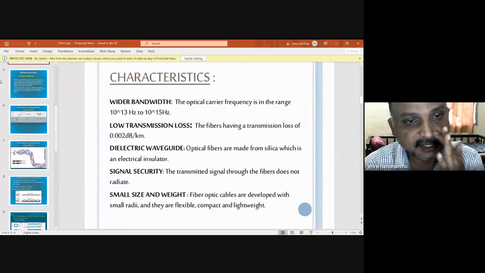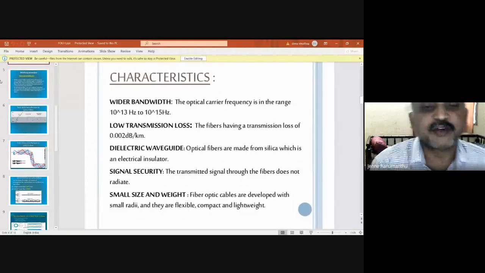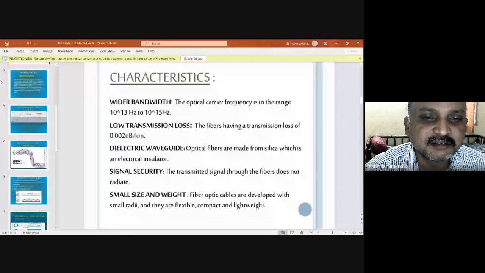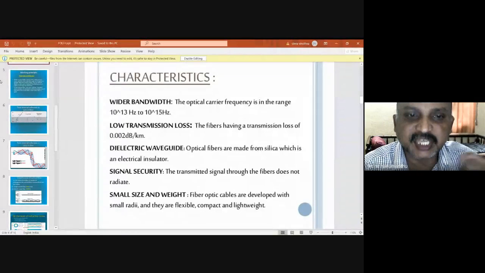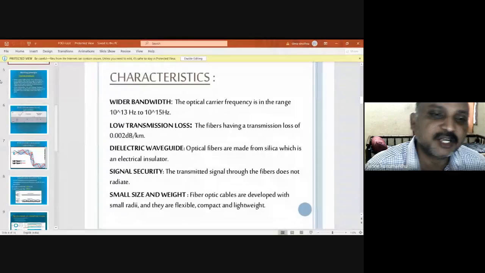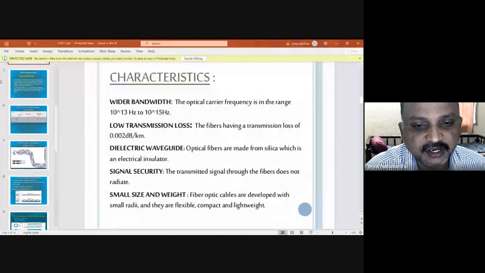But how many fiber cables are there in the communication? We don't know. From here to Hyderabad or from here to Delhi, how many cables are there? Maybe 1,000 or 2,000 cables, each cable having 1 kilometer. You understand how many kilometers of cable we need from here to Hyderabad. For example, 500 cables.